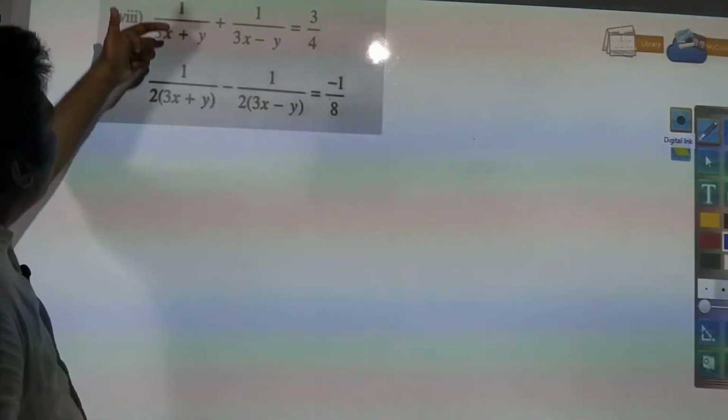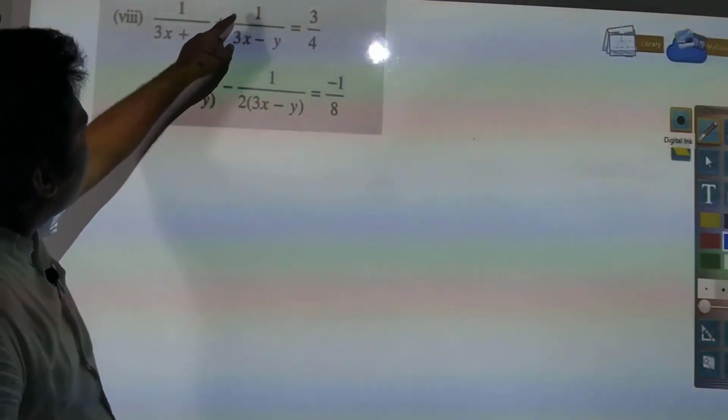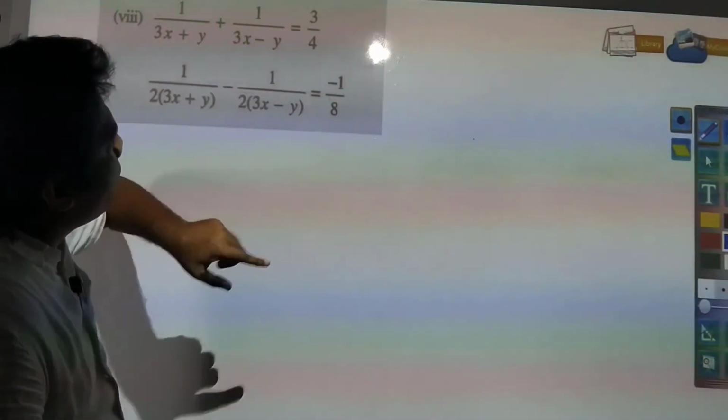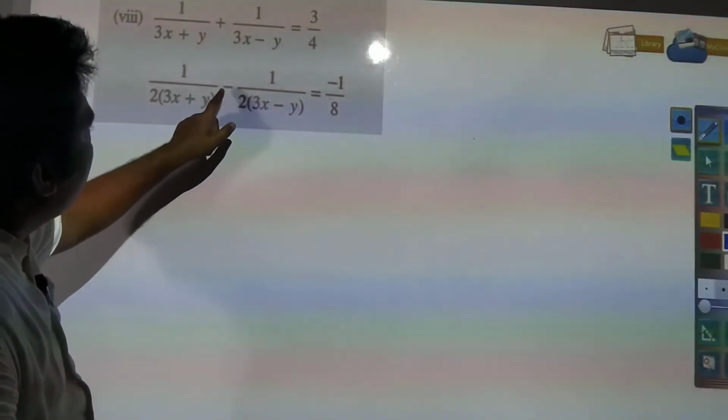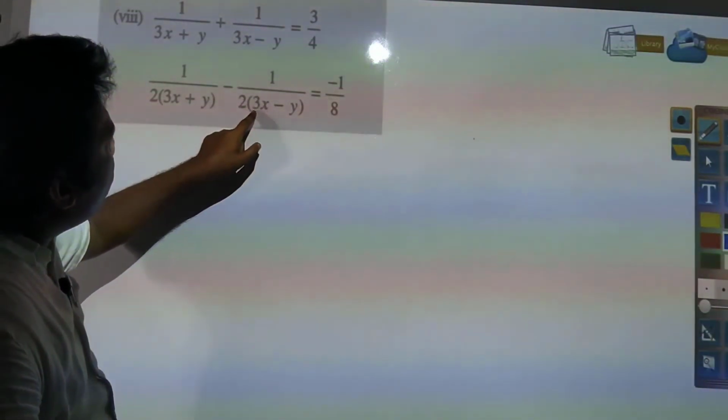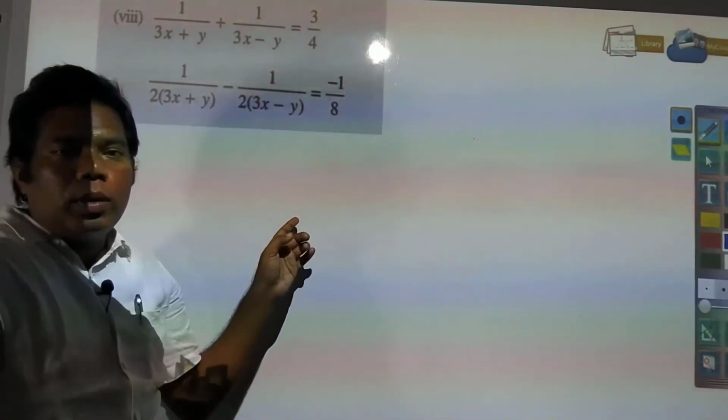Here you have 1 by 3x plus y plus 1 by 3x minus y is equal to 3 by 4, and 1 by 2 into 3x plus y minus 1 by 2 into 3x minus y is equal to minus 1 by 8.